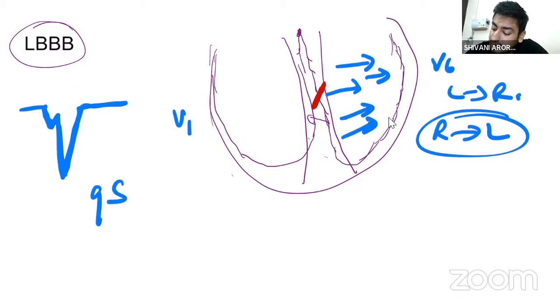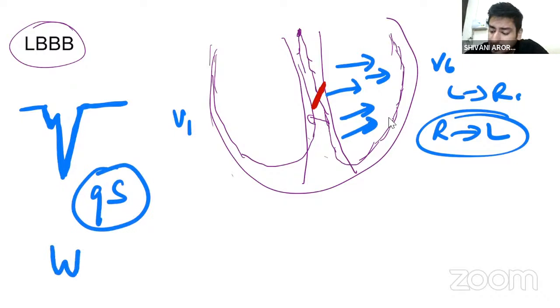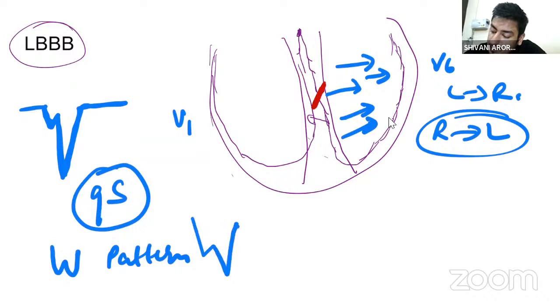We have this downward deflection and small notching, or sometimes this notch may be absent or not appreciable. We call it a V pattern, or in terms of an ECG, we call it a QS pattern.